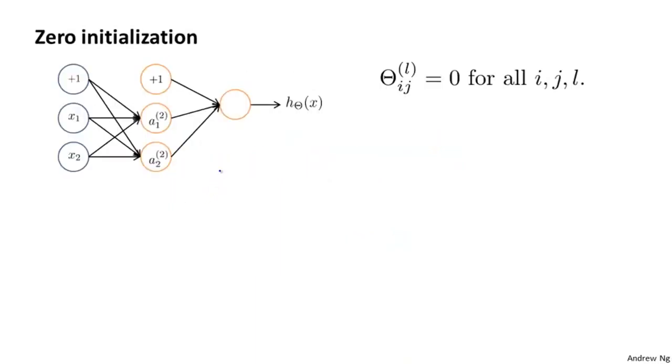Consider training the following neural network, and let's say we initialize all the parameters in the network to 0. If you do that, then at initialization, this blue weight, I'm coloring in blue, is going to equal that weight, so they're both 0, and this weight that I'm coloring in red is equal to that weight, which I'm coloring in red, and also this weight, which I'm coloring in green, is going to equal the value of that weight.